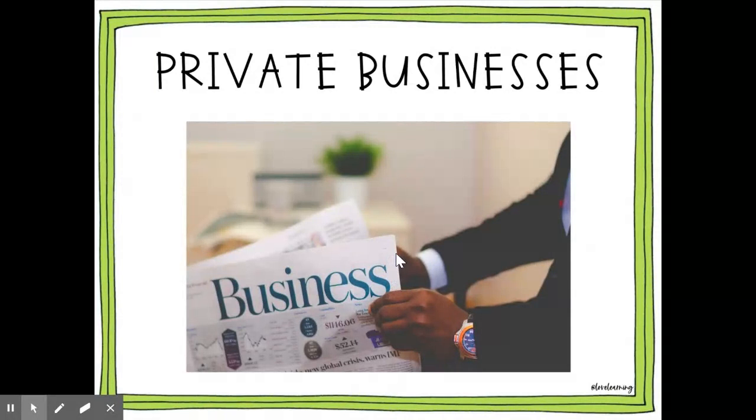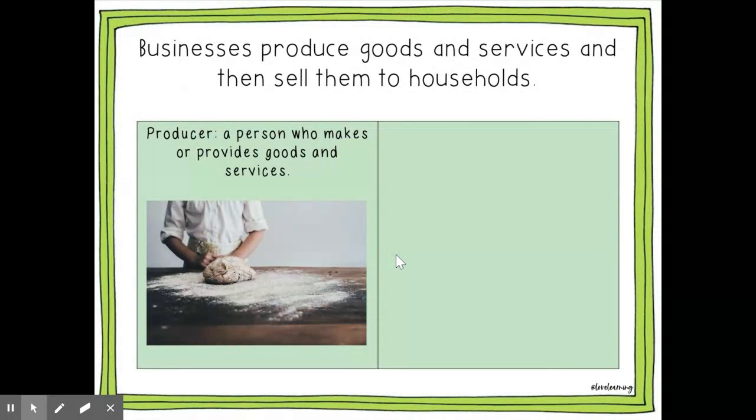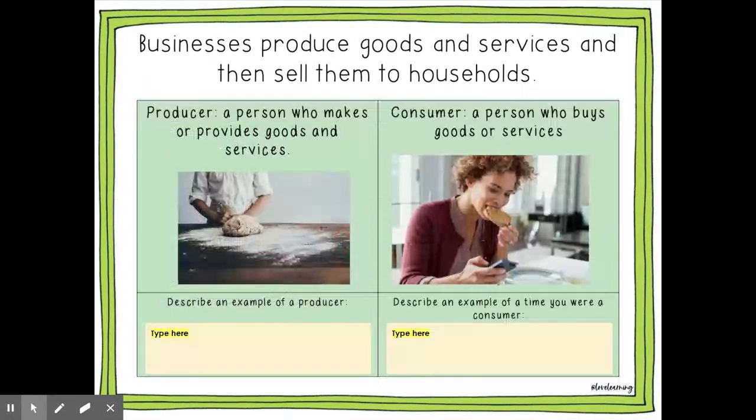Private businesses. Remember, private businesses are those businesses that produce goods and services and then turn around and sell them to households. And a producer is a person who makes that particular good or service.